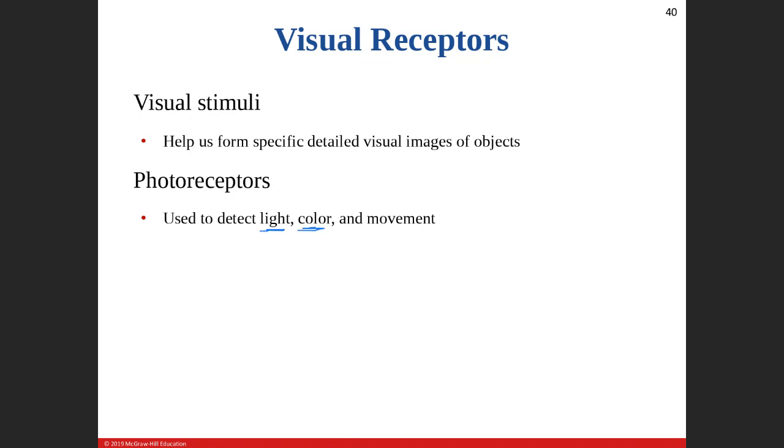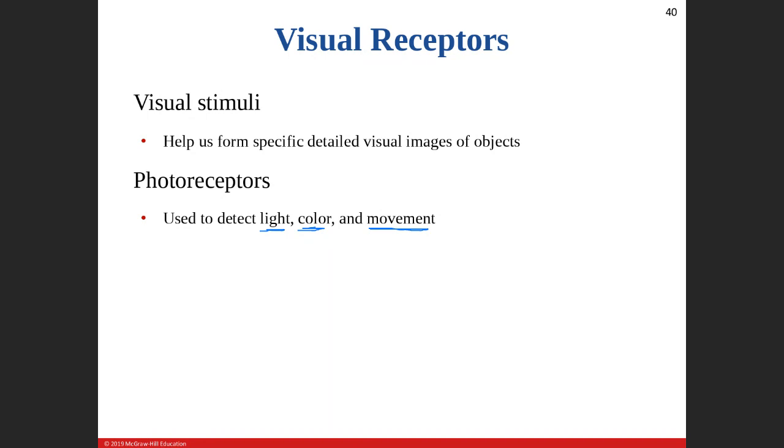Two, what color. And three, if there's movement. So our visual stimuli are what we see, because essentially, when you're seeing colors or objects, you're just seeing how the light is being reflected off of those structures and entering into your eye.